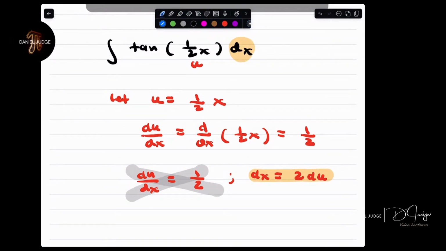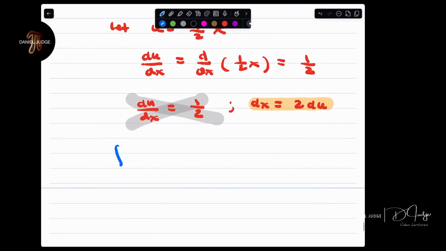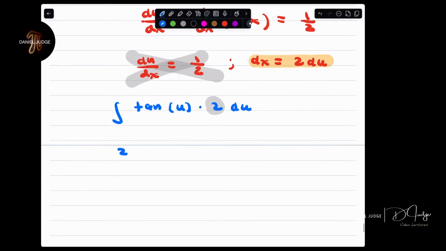And now, ladies and gentlemen, we end up with the integral of tangent of u times 2 du. So you can pull out your constant. And when you do, we get 2 integral tangent u du.